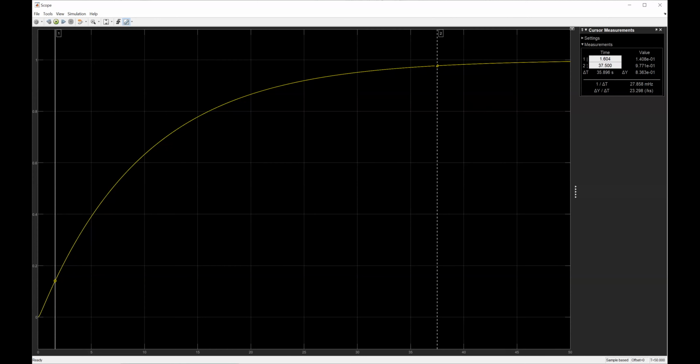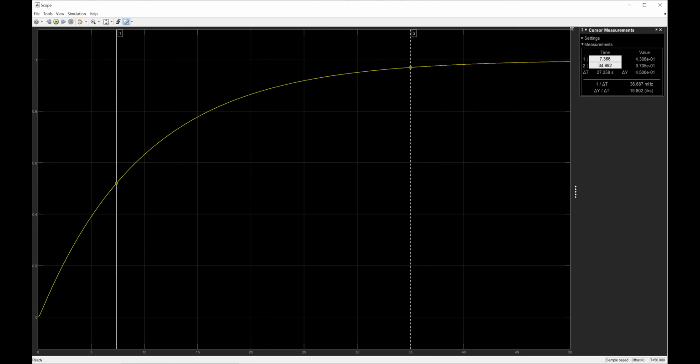So at this point, I'm again going to go back and see where we get 66.6% of the response. I'm going to try to locate where I am on the 66.6%. So this is about 66.